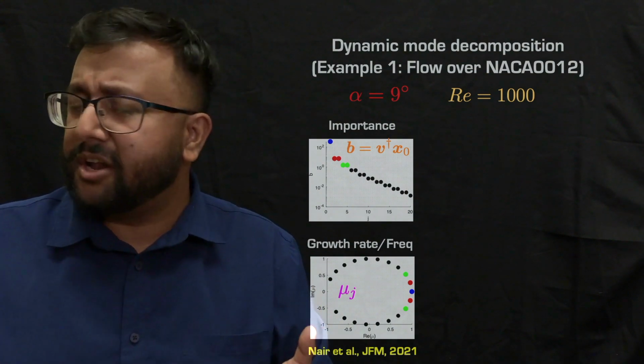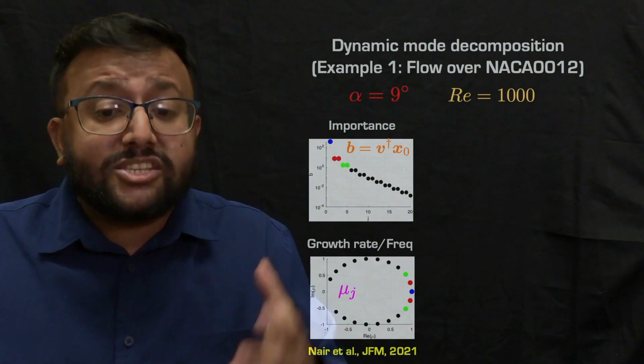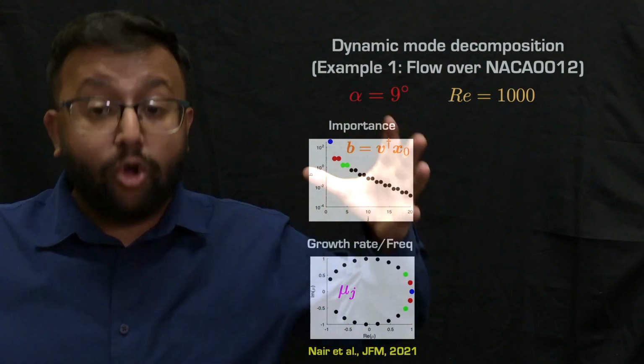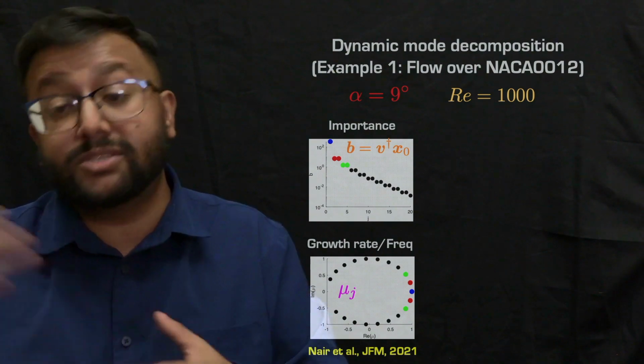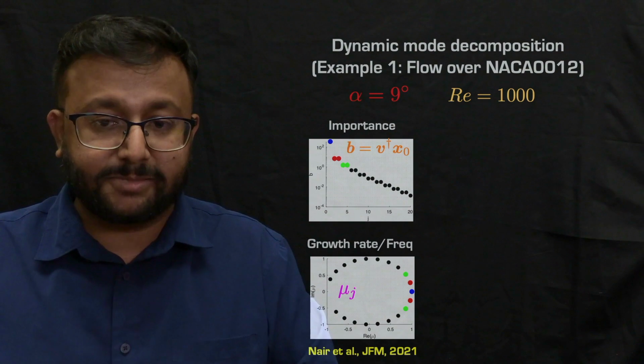So why is it on a unit circle and why not outside or inside? In the case of linearized flow, where the modes can actually grow or decay, the values will lie outside the unit circle if it grows and inside the unit circle if it decays.